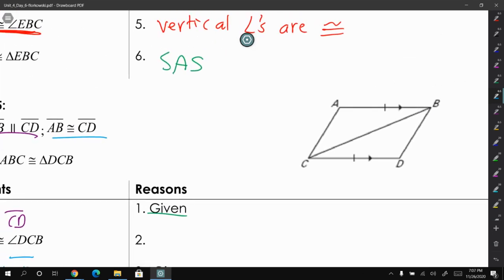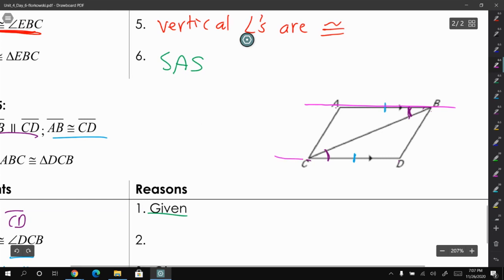So let's go here. It's already marked for us, here and here. And they say in statement number 2 that angle ABC, which is this angle up here, is congruent to angle DCB. So DCB, that's this angle down here. Why can we say that? Well, we were told that AB and CD are parallel, and we have a transversal right here.